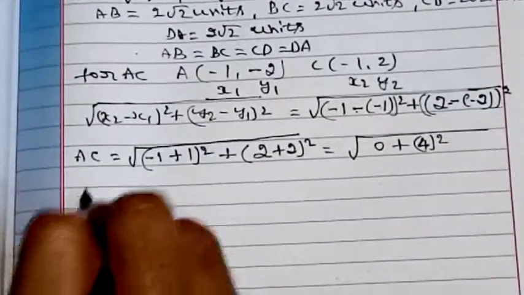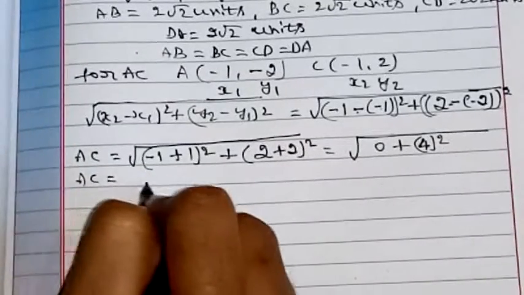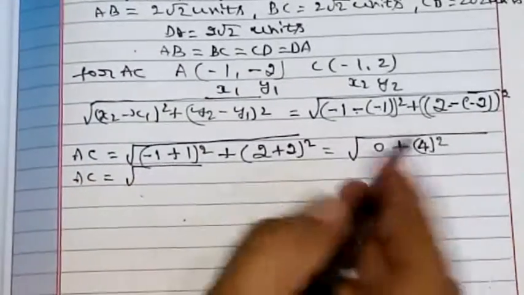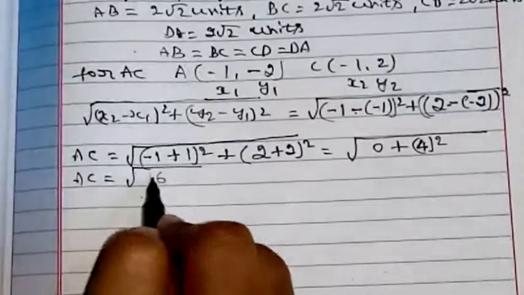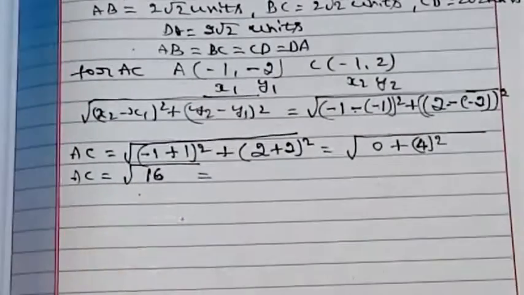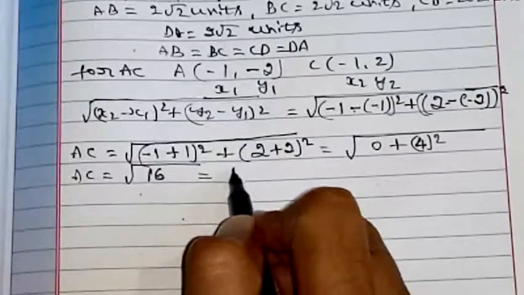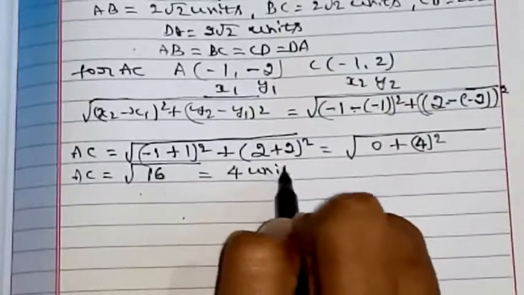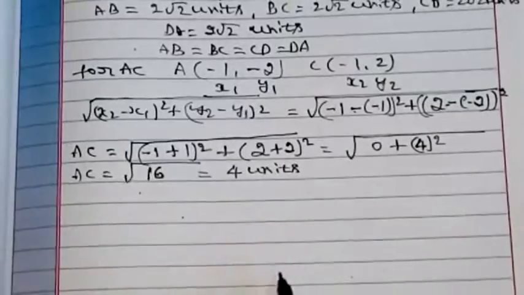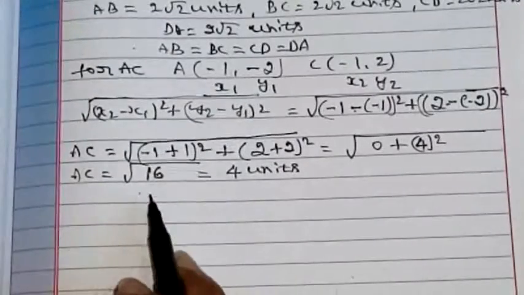So AC is equal to square root of 4 square, which is 16, right? So you are having the square root of 16, and the answer is 4 units. The square root of 16 is 4 units. So this is the distance between A to C.